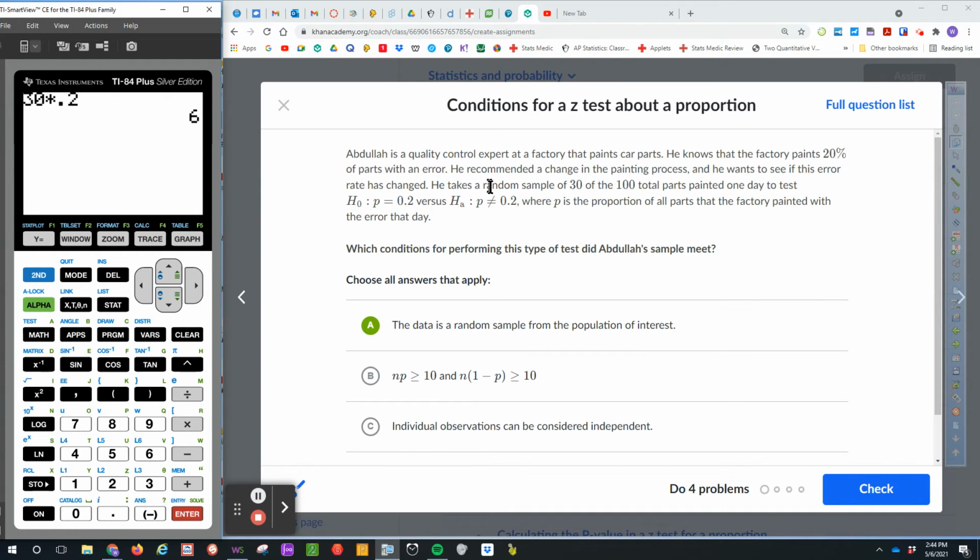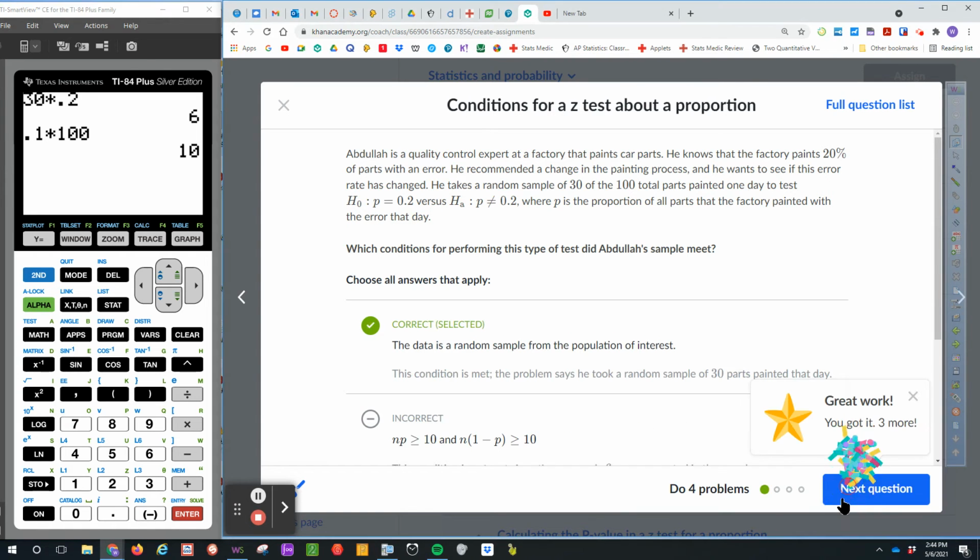He takes a random sample of 30 of the 100 total parts painted, so the population is 100. 10% of 100 is 10, but they took a random sample of 30. So the sample is actually more than 10% of the population size, and the individual observations cannot be considered independent.